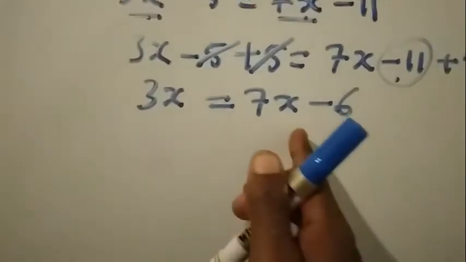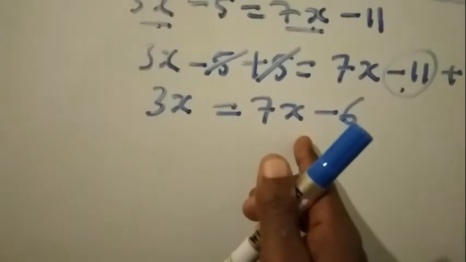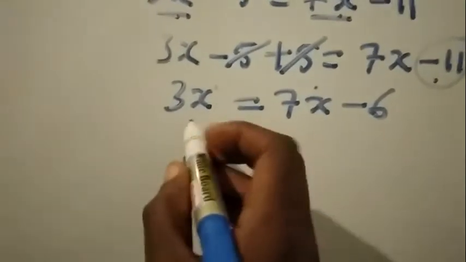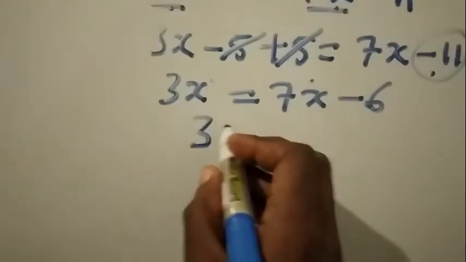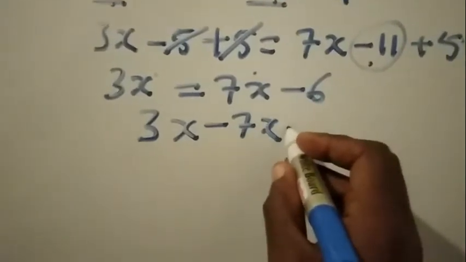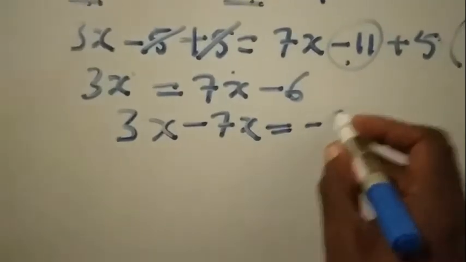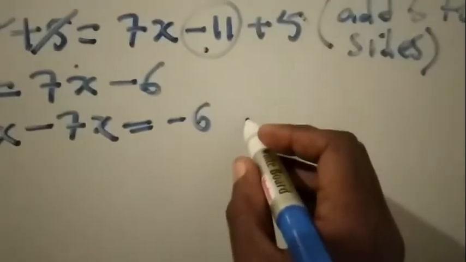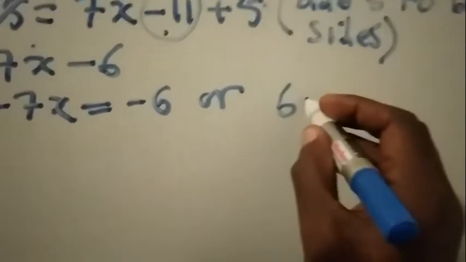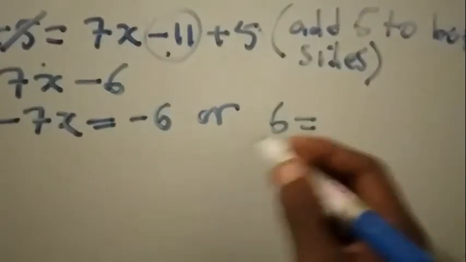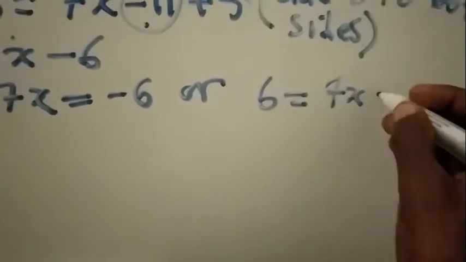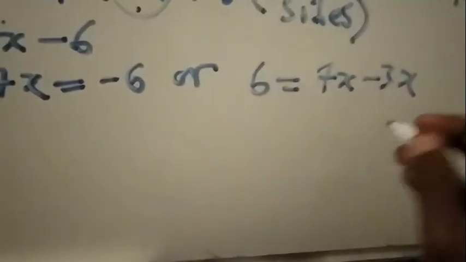Okay, so now what you can do even further is bring these two terms together. You can say 3x minus 7x equals negative 6, or if you like, you can say 6 comes to the other side, so it changes to positive, equals 7x minus 3x.